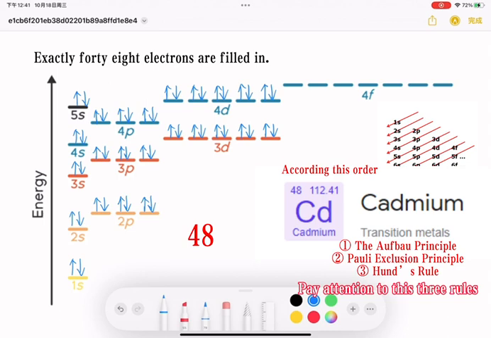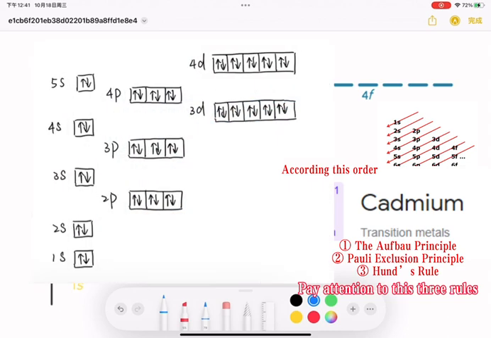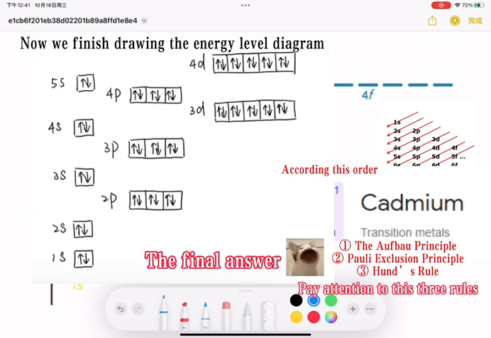Exactly 48 electrons are filled in. Now we finish drawing the energy level diagram.